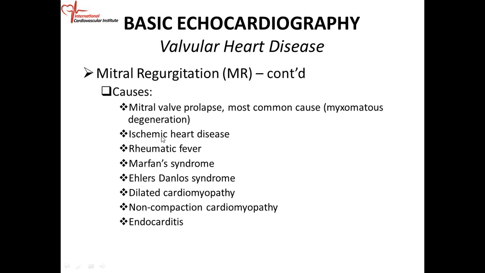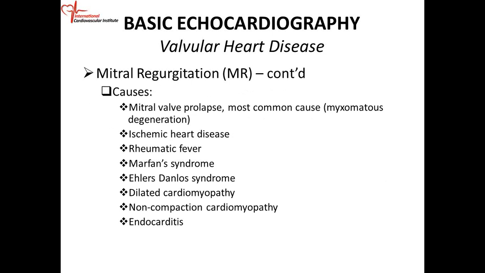Ischemic heart disease can also give rise to mitral regurgitation, and that is because of insufficient blood flow to the mitral valvular apparatus, and usually the papillary muscles. The papillary muscles usually contract and help to maintain competency of the mitral valve.